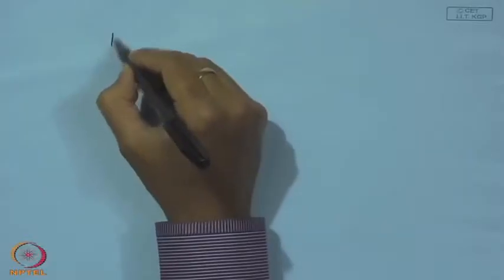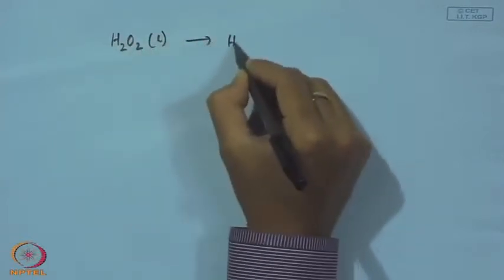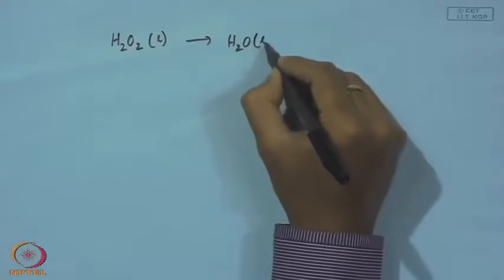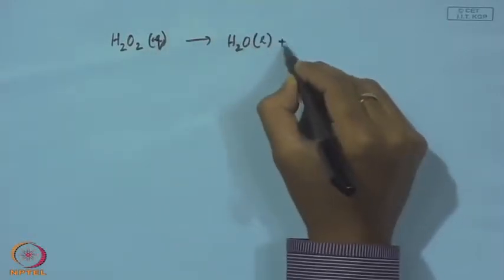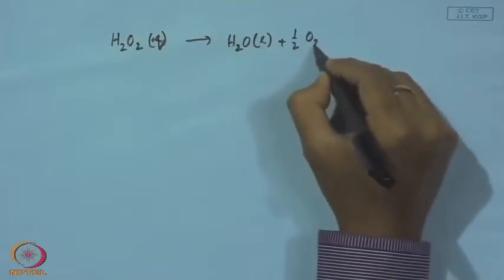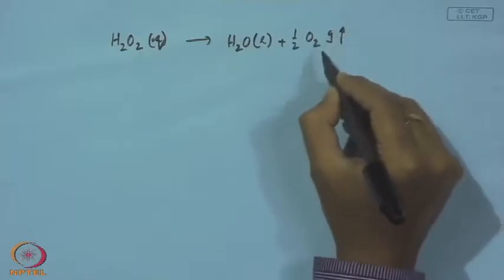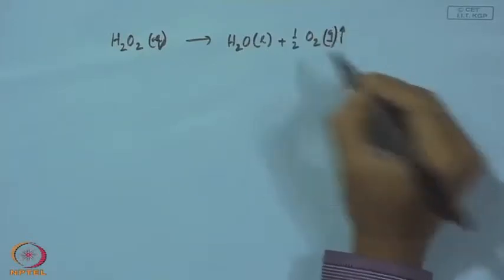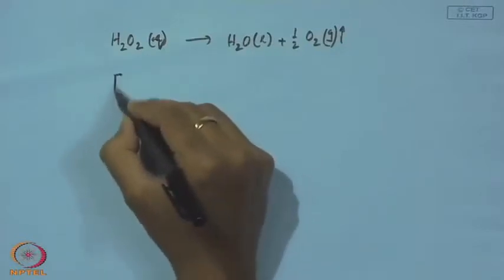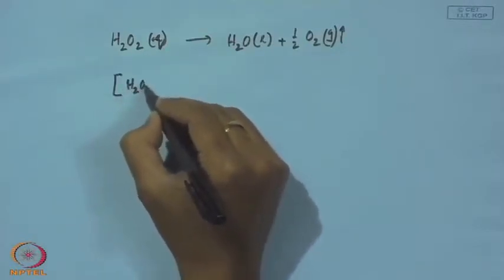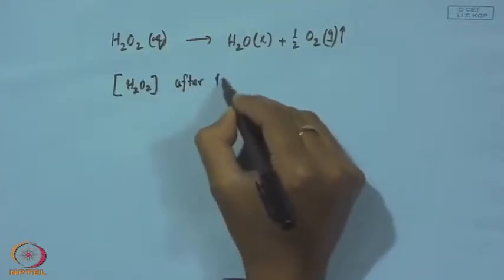So, again we start with the same reaction, H2O2 liquid producing H2O liquid, or it is better to say aqueous, plus half O2 gas. Okay. So, in that case we would like to find out the concentration of H2O2 after 10 seconds.